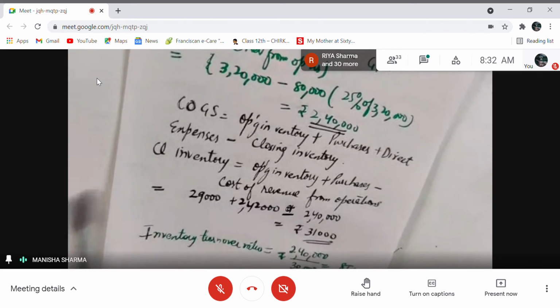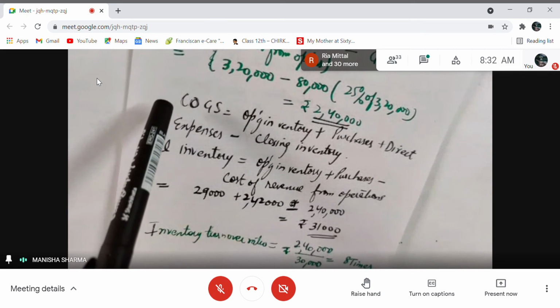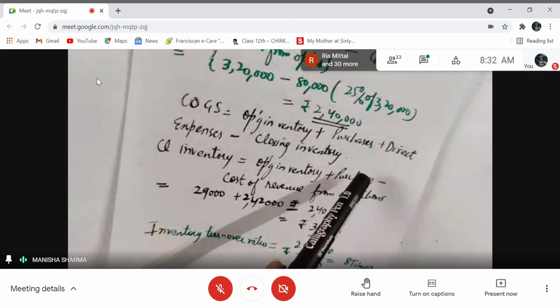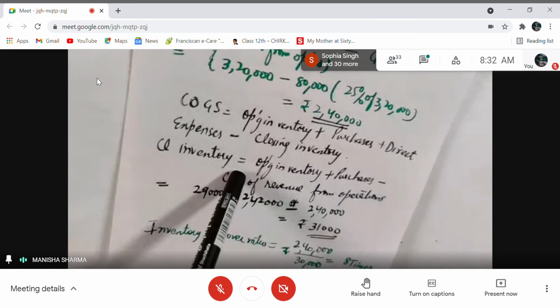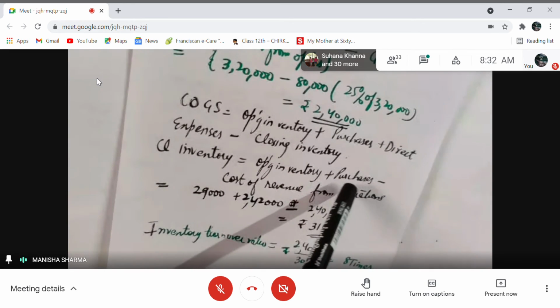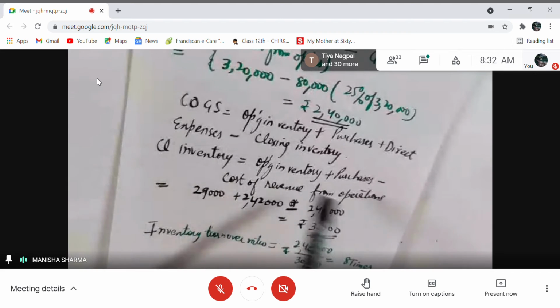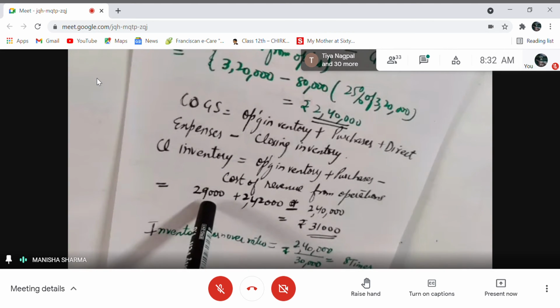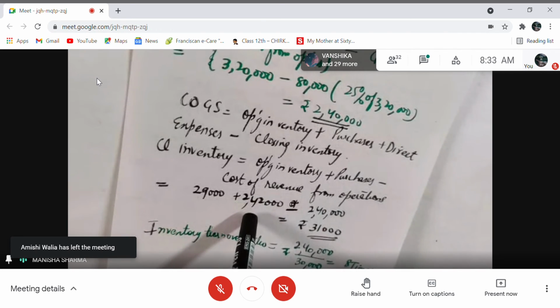So I will bring closing inventory to the left-hand side of the equation, and COGS to the right side. Closing inventory becomes equal to opening inventory plus purchases minus cost of revenue from operations, or COGS, right? We have all three values. Opening inventory is given as 29,000. Purchases are given as 2,42,000.